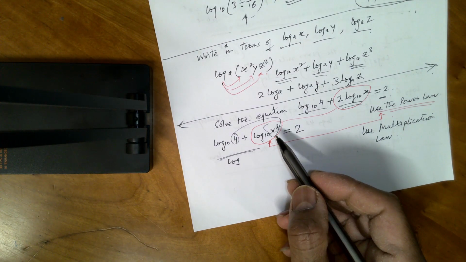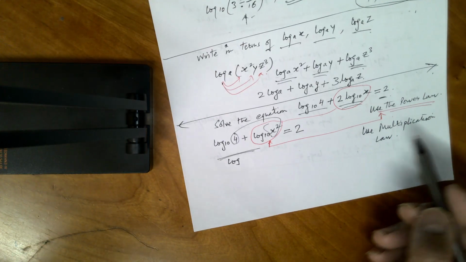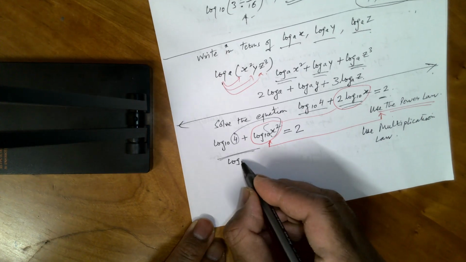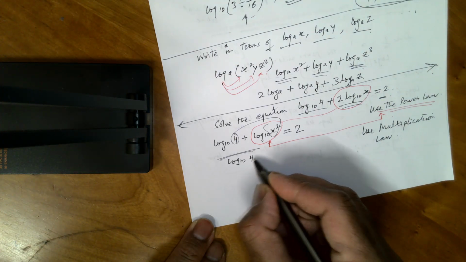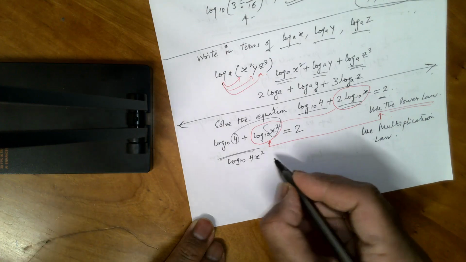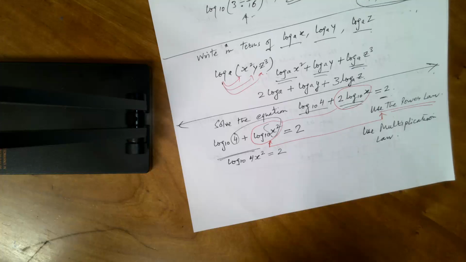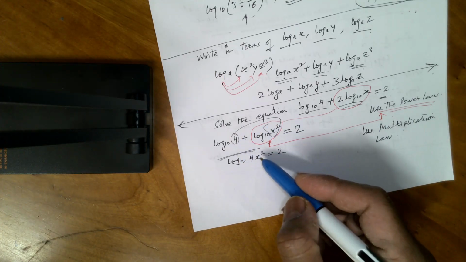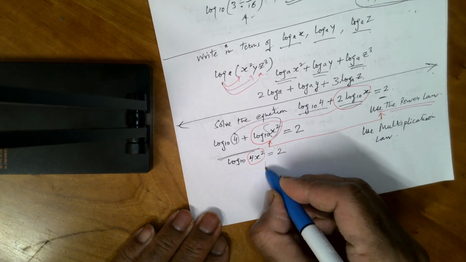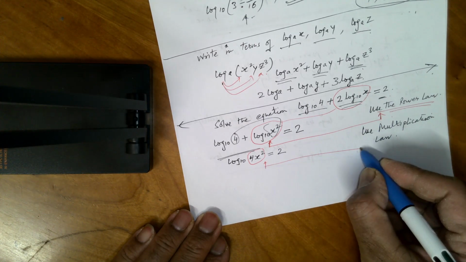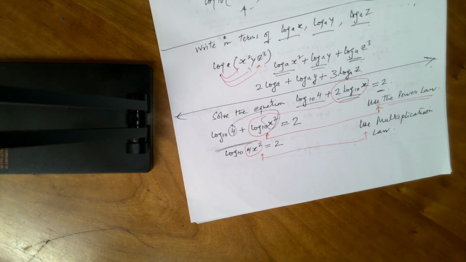Remember we are using multiplication law, so that can be written as, you got your 4 here, obviously, that multiplies what we got here by using multiplication law, right?